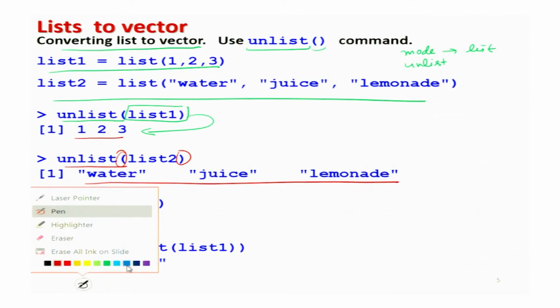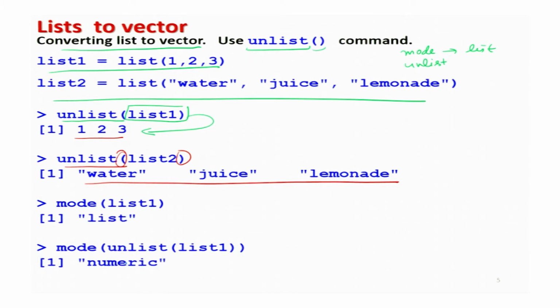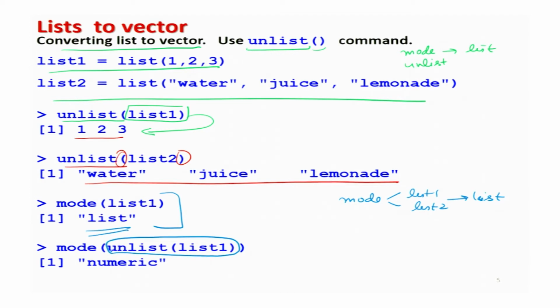So that was the particular structure of the list. Now, suppose you want to verify what is really happening with this unlist command. Obviously, if you find out the mode of list 1 and list 2, both of them are going to be list, right. You can see here the mode of list 1 is list, but when you unlist it, the mode of unlist of list 1 becomes numeric.